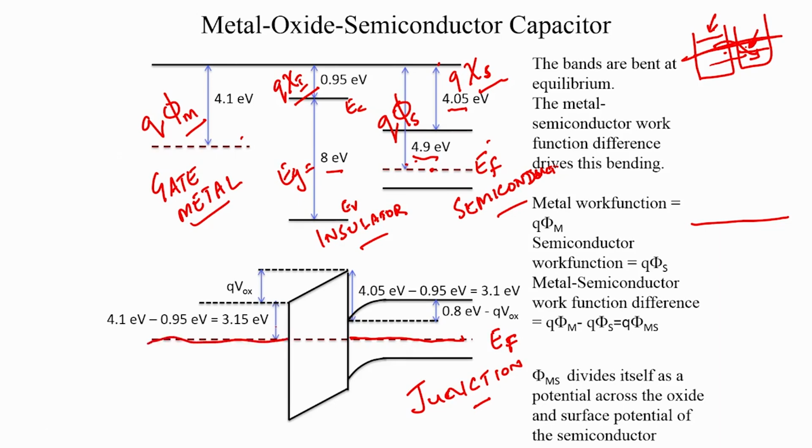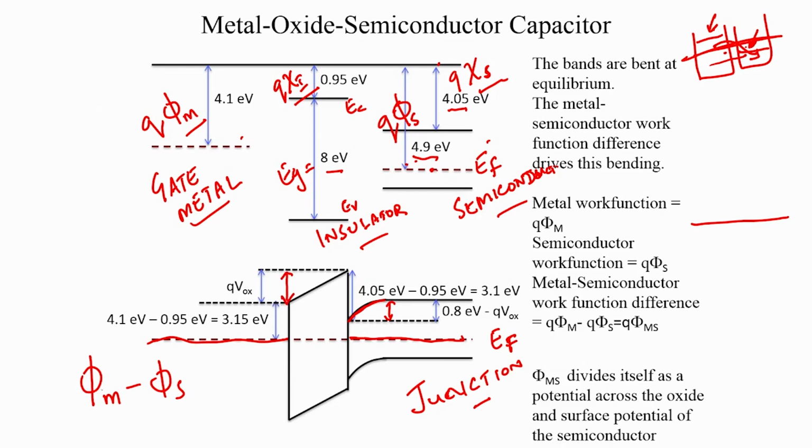So, the metal has transferred electrons to the semiconductor, which means there is going to be some band bending in the semiconductor. But since there is also an insulator, the driving force for any band bending, which is the metal semiconductor work function difference, leads to not only a built in potential in the semiconductor, but also a potential across the insulator or the oxide.